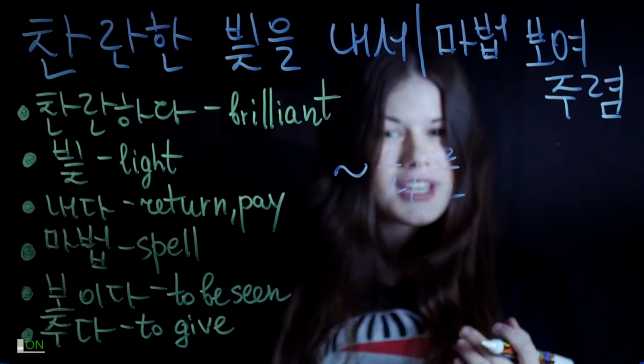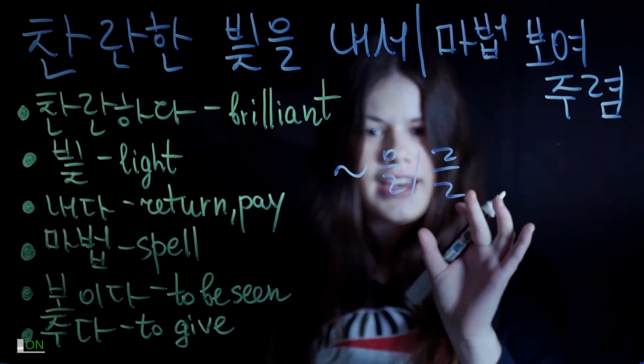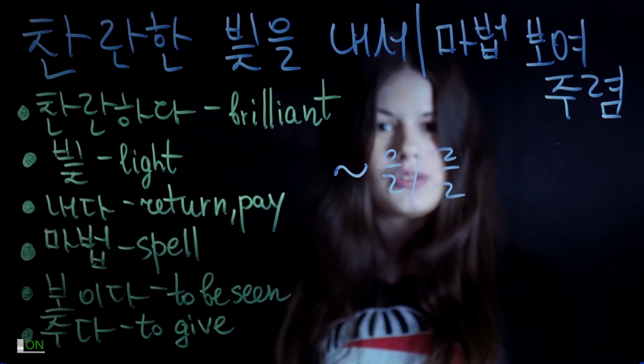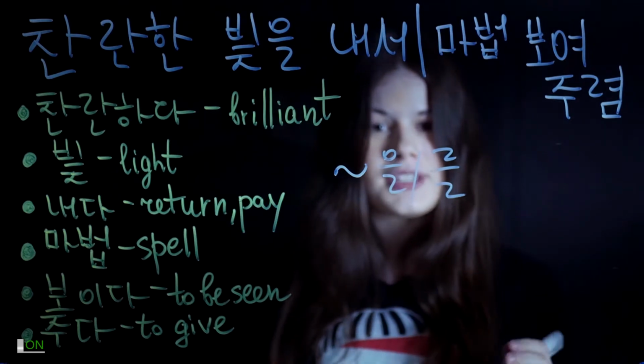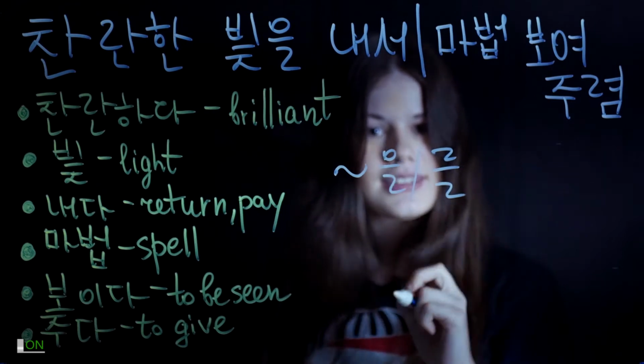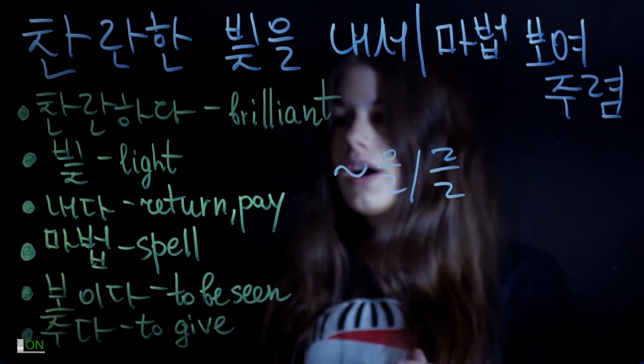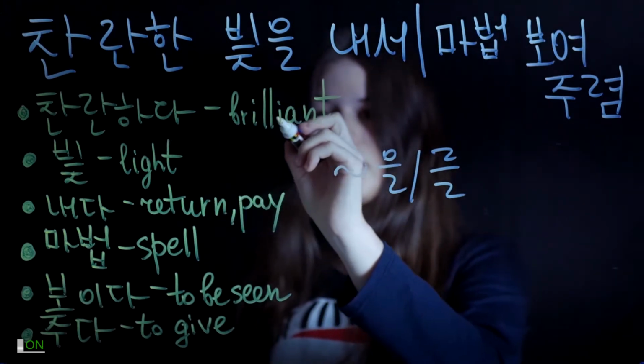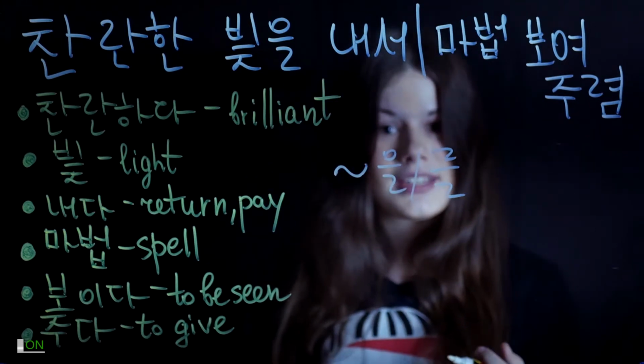Also, if you missed it and don't know what 을 is, then you should check out this video about particles. There I explain it. 찬란한 빛 means brilliant light, as I said before.